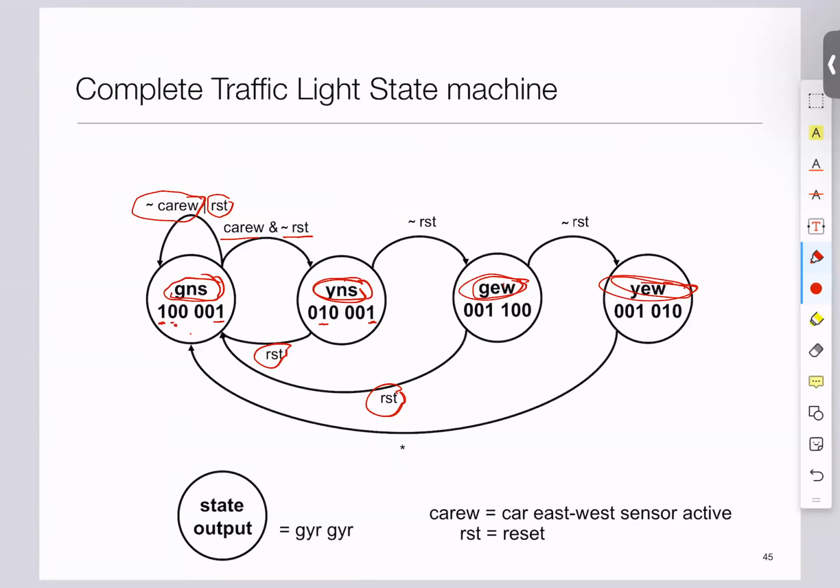So this is describing an almost stupidly simple state machine, because all it is going to do is turn the light green for 1 clock cycle and yellow for one clock cycle, which is probably not enough for any car to go through, but let's imagine that that's the situation. So it's just doing that.